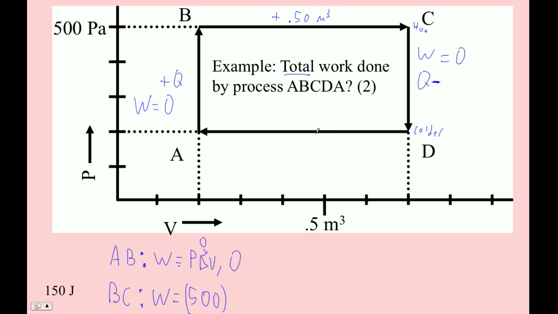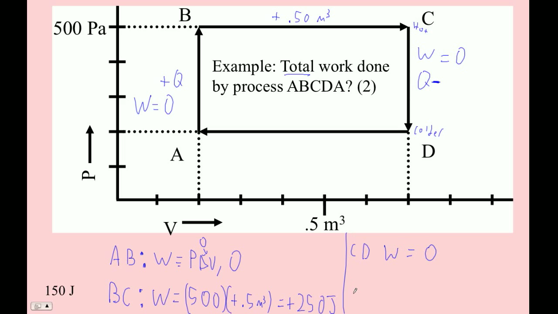So positive, and that is positive 250 joules. And then process CD, the work is also equal to 0 because the piston doesn't move. There's no change in volume.